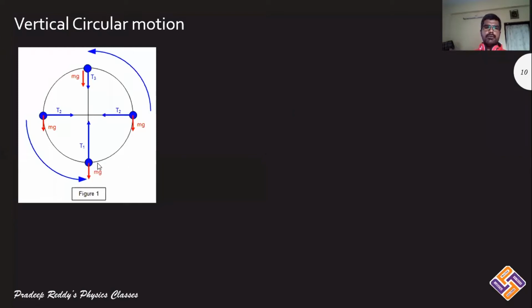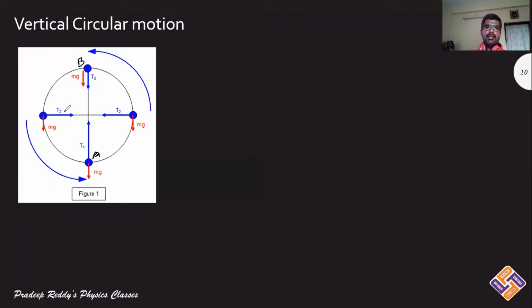When the particle is going from A to B, its velocity decreases. When the particle is coming back from B to A, velocity increases, because acceleration due to gravity is directed opposite to the direction of the velocity of the body.